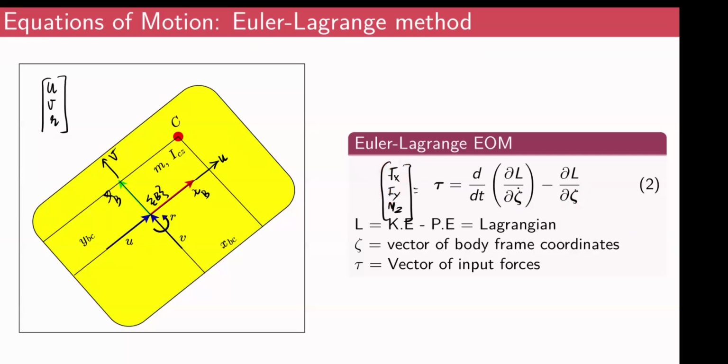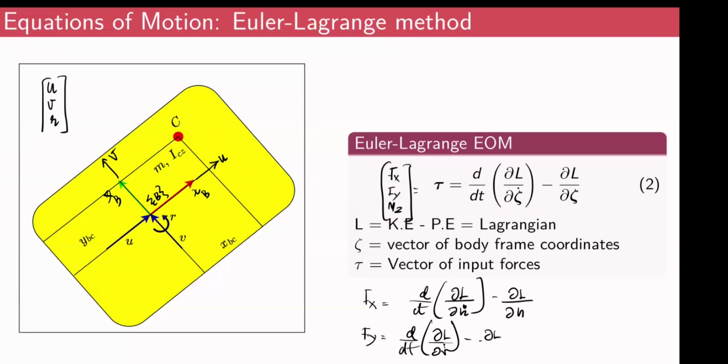So Fx would be d by dt of dou L by dou u dot minus dou L by dou u. And similarly Fy would be d by dt of dou L by dou v dot minus dou L by dou v. And similarly for Mz, instead of u dot and v dot, it will be r dot, and instead of u or v, it will be r.